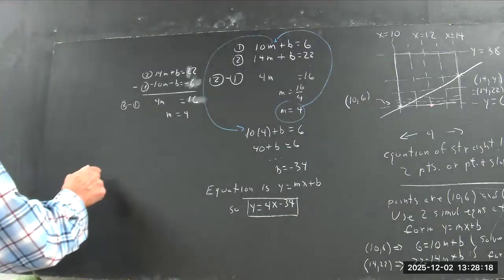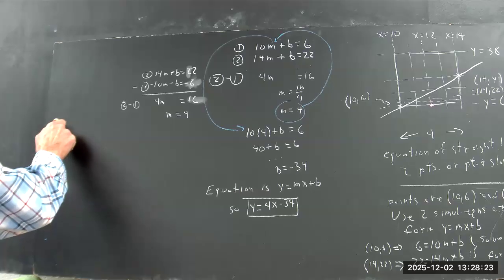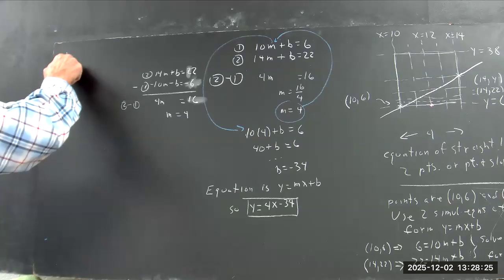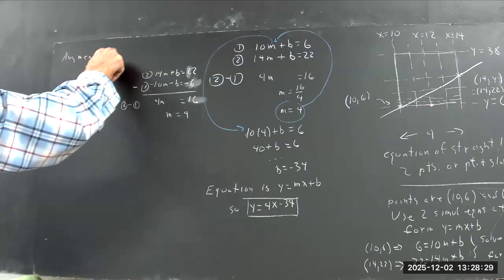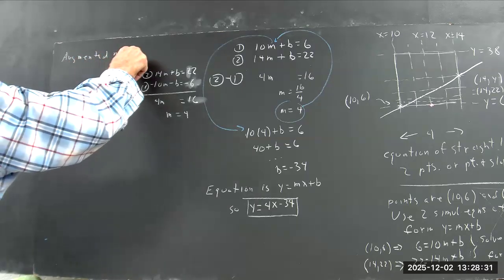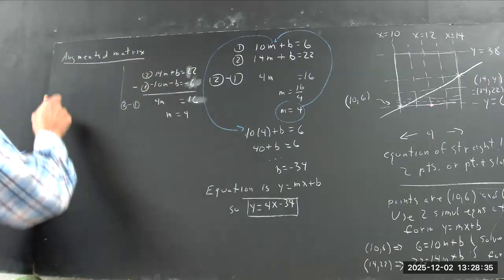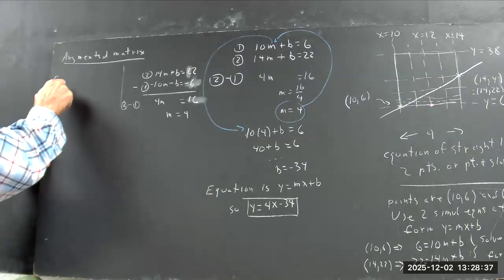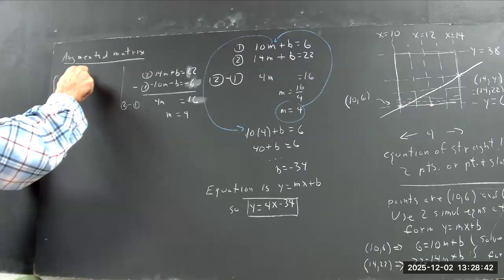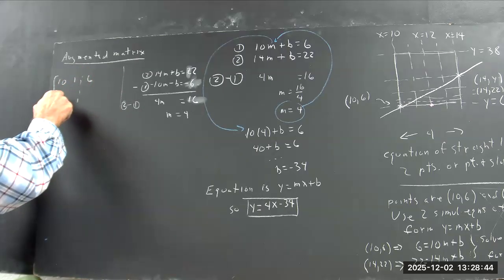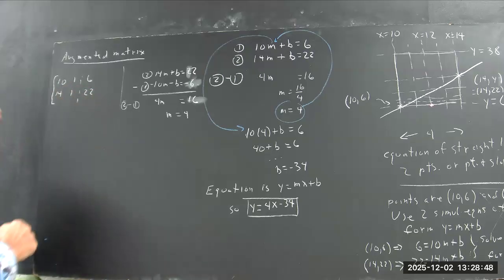Now we could have solved using the augmented matrix. The augmented matrix would be 10, 1, 6, 14, 1, 22.